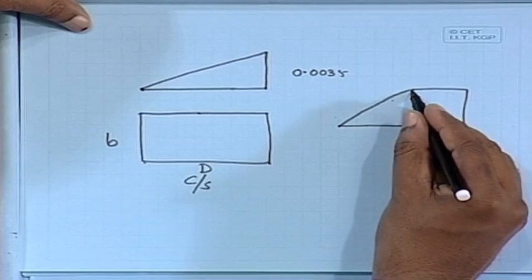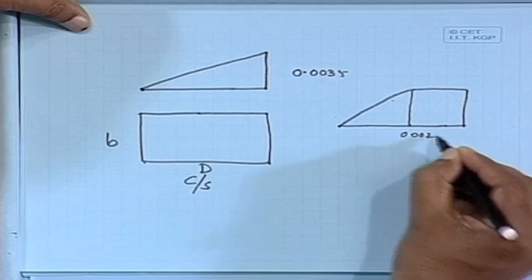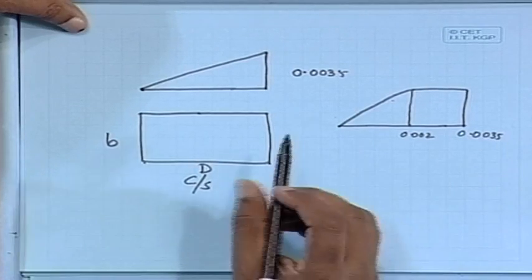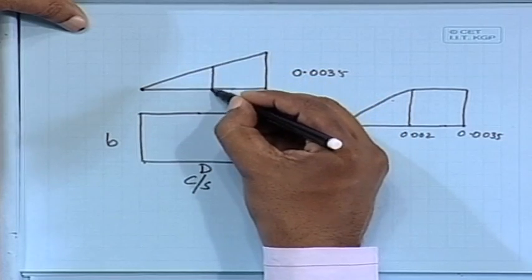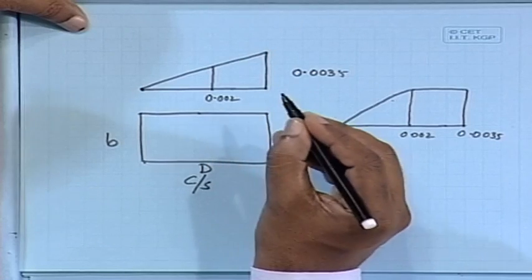So, with 0.0035 at this end, we get the 0.002 strain somewhere here.